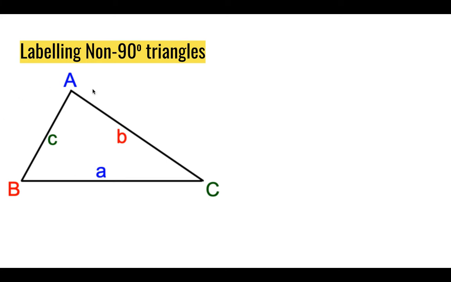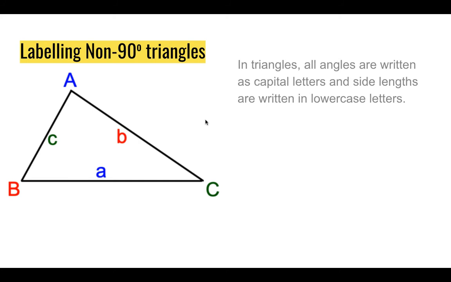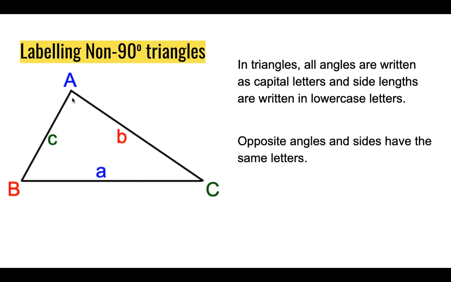So in triangles, all angles are written in uppercase letters, capital letters. And because there's three of them, we use ABC. The side lengths are written in lowercase letters. And you'll notice that opposite sides and opposite angles have the same letter.